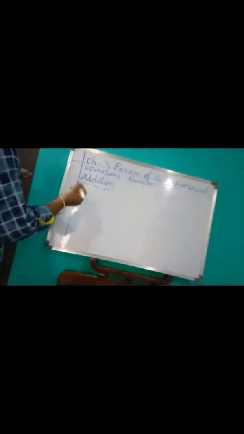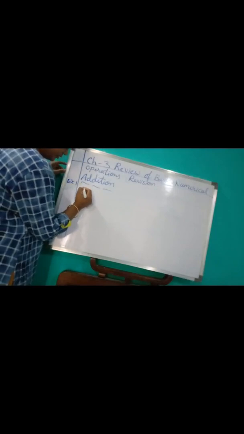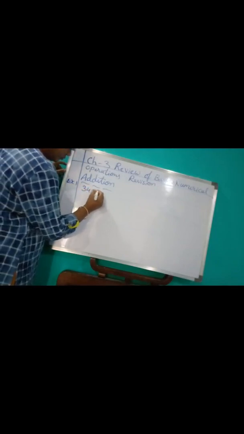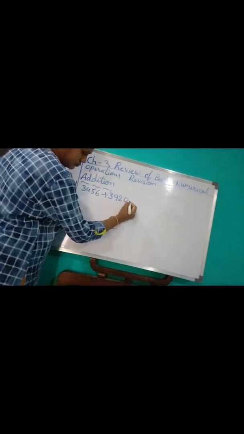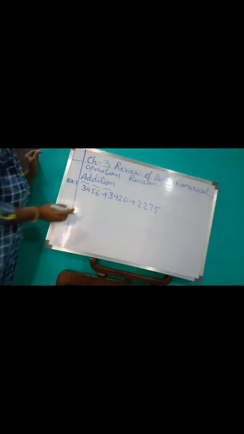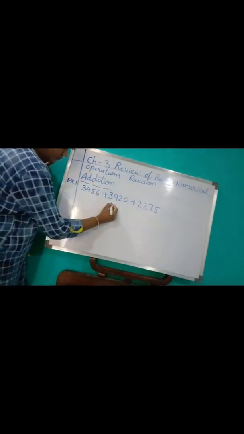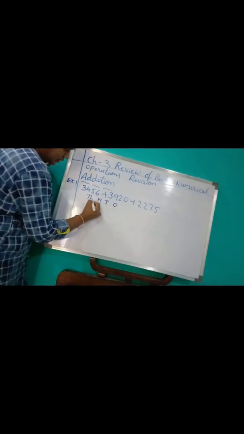Children, example 1. Okay. What you have to do? You should arrange these numbers in the place value chart. Yes or no? Ones, tens, hundreds, thousands.